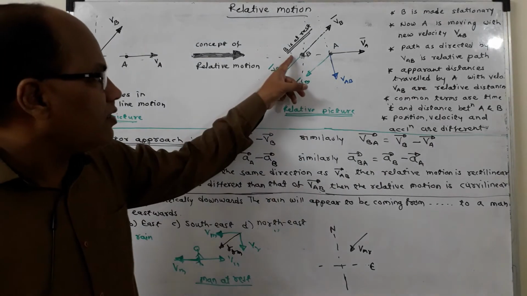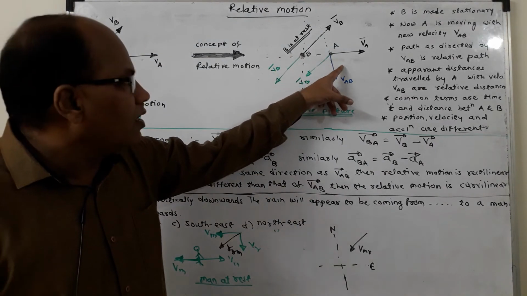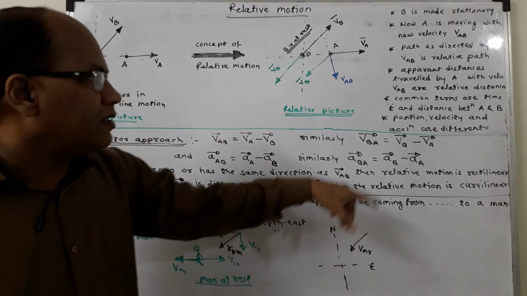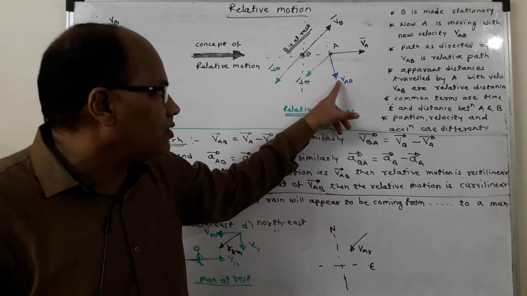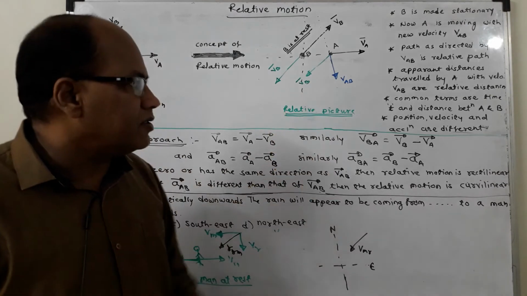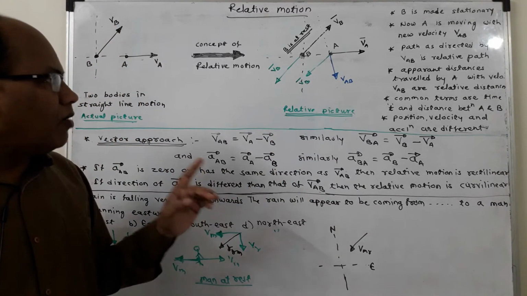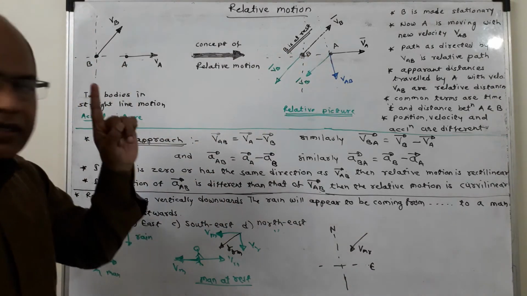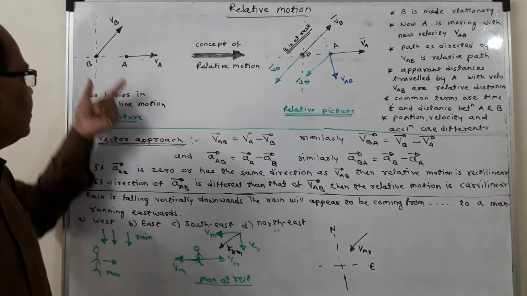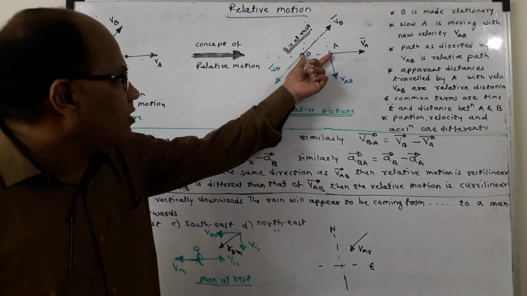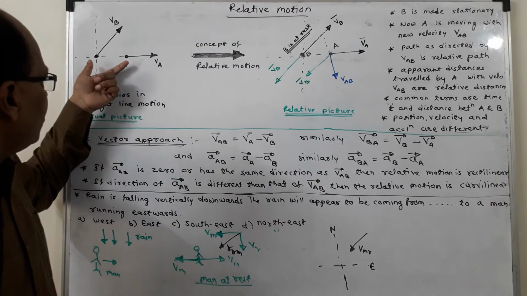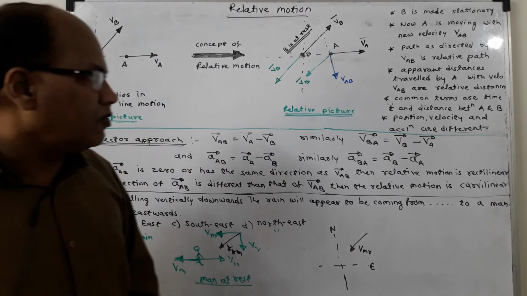B is at rest, A is now the only one moving, with velocity VAB, and the apparent distances travelled by A with this velocity are called relative distances. The common terms in the actual picture and the relative picture are the time t and the distance between A and B. This distance remains the same for the initial position of the two bodies, and the time also remains the same.